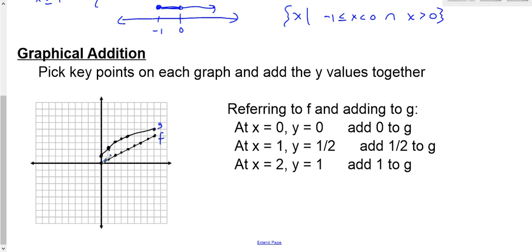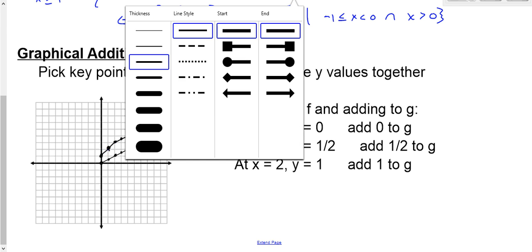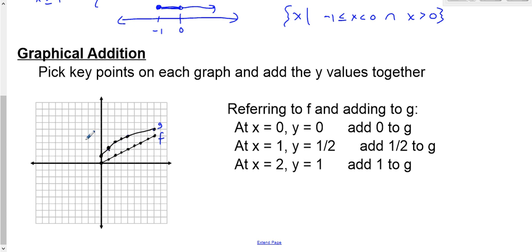So if I look at f at x equals 0, my y value is 0. Well, then I look at the g function where y equals 1, and I'm going to add 0. And so I'm going to take that 1 and add 0 to it, meaning I get 1.